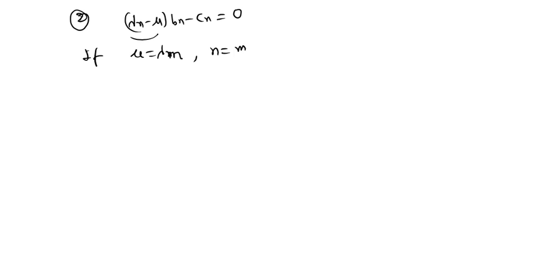That may happen. Mu comes from the given equation, and it can be equal to one of the eigenvalues. So in that case, you have 0 minus Cm equal to 0. So this implies Cm equal to 0.